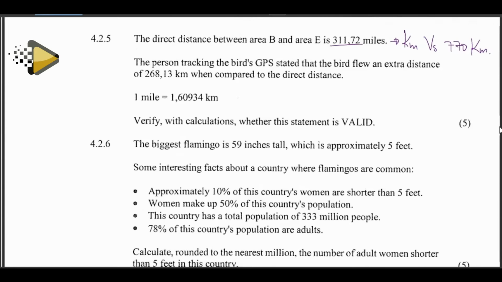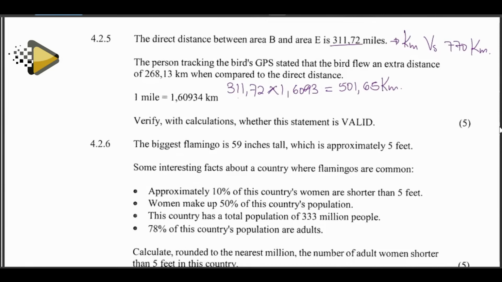They've already told us 1 mile equals 1,60934 kilometers. For us, we have 311.72, so we change this. We multiply it by 1,6093. The answer we get here, 311.72 times 1,6093, which is 501,6 kilometers.